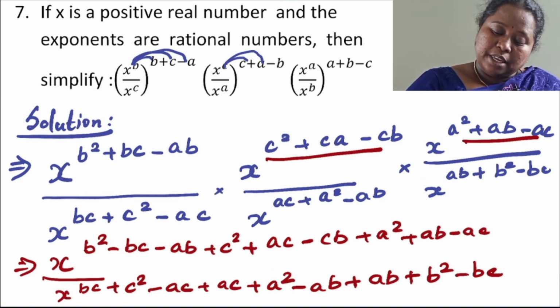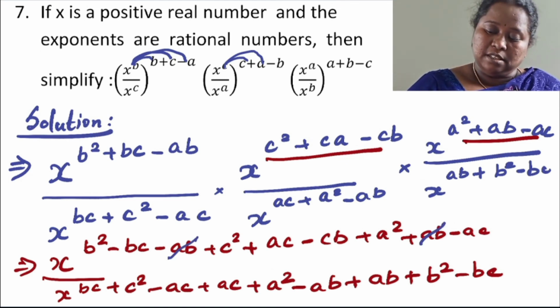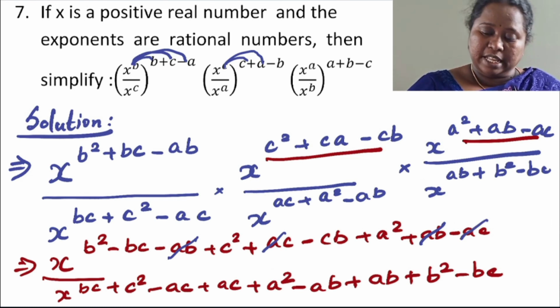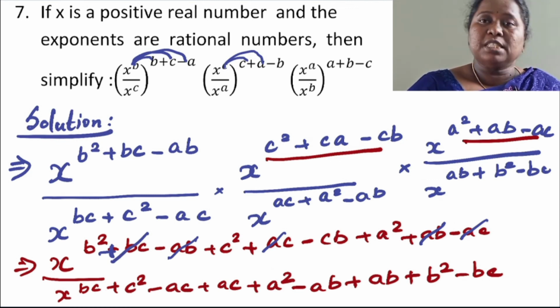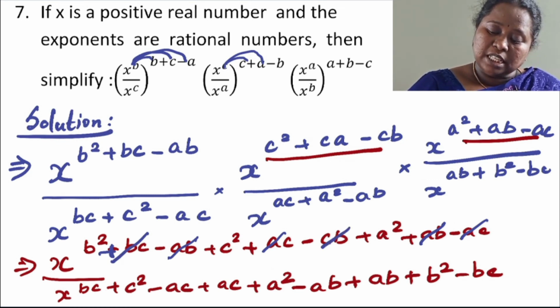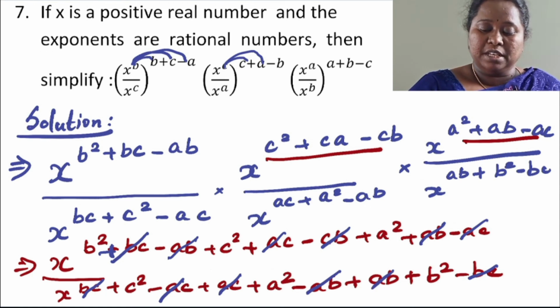Here ab and minus ab will get cancelled, and plus ac and minus ac will get cancelled. Plus bc and minus bc will get cancelled. Similarly, in the denominator, plus bc and minus bc will get cancelled, and ac, minus ac, ab, minus ab will get cancelled.